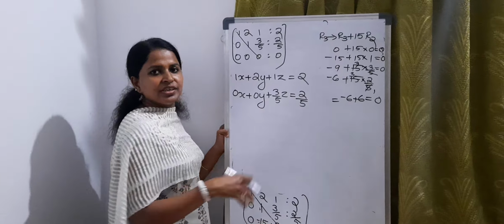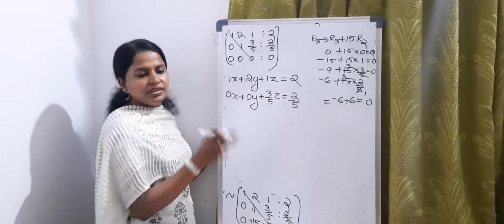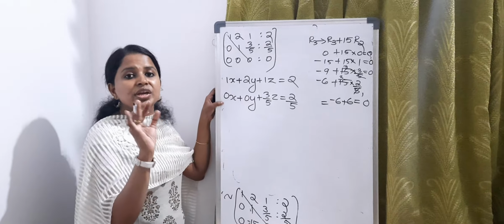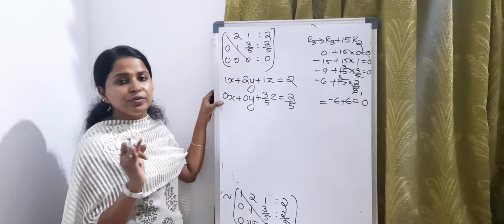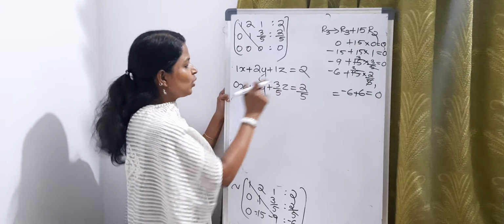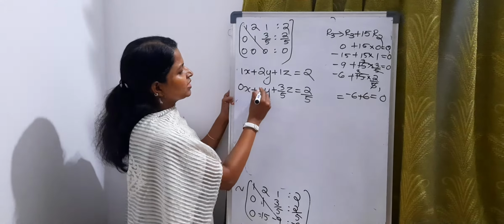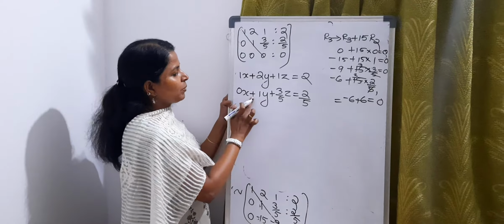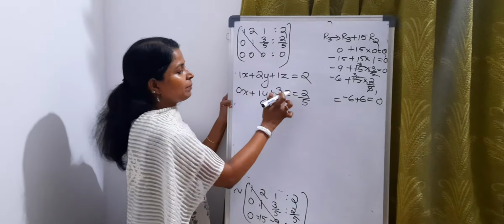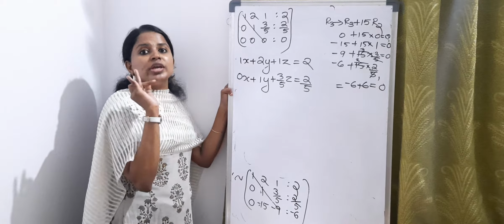What is the last equation? 0x plus 0y plus 0z equal to 0. Here there are only two equations: x plus 2y plus z equal to 2, and, one mistake, this is 1y, 0x plus 1y plus 3 by 5 z equal to 2 by 5. We get only two equations.